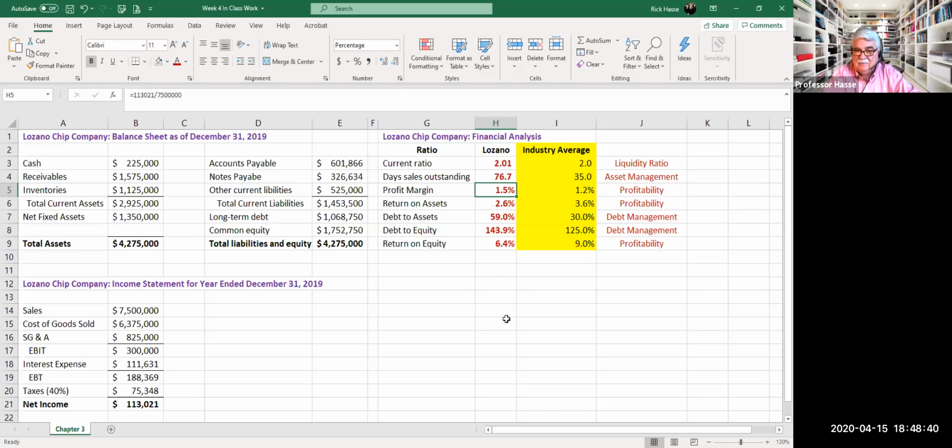Return on assets is the next profitability indicator. That's net income, 113,021, divided by the assets of the company, 4,275,000. I get 2.6% return on assets. What that means is, for every dollar of assets that you've invested, how much profit is coming off those investments as a return.